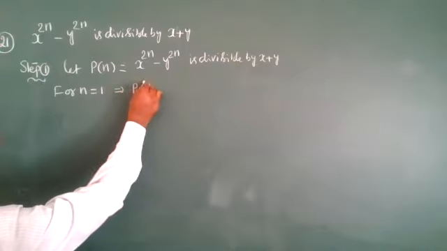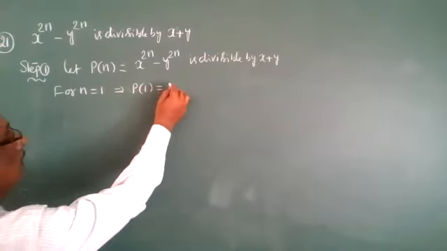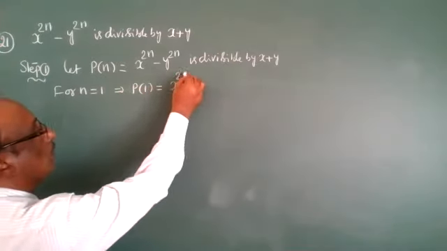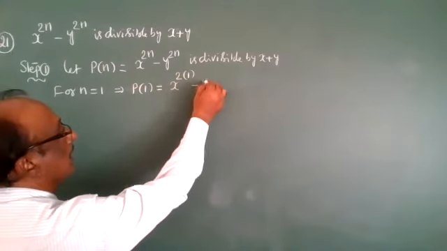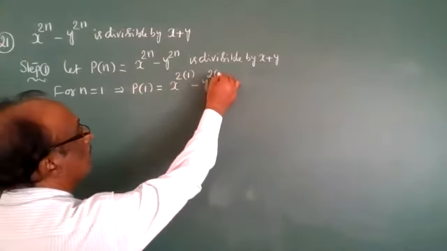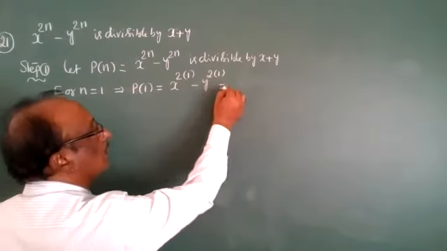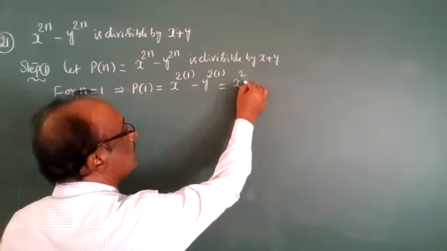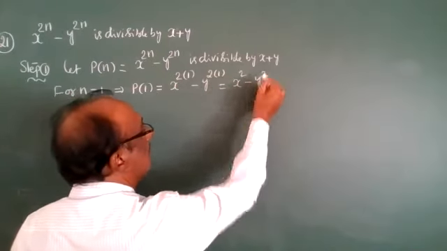P of 1 is equal to x power of 2 into 1 minus y power of 2 into 1. So 2 into 1 is 2 only: x square minus y square.